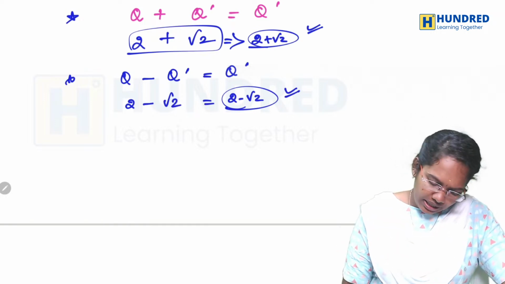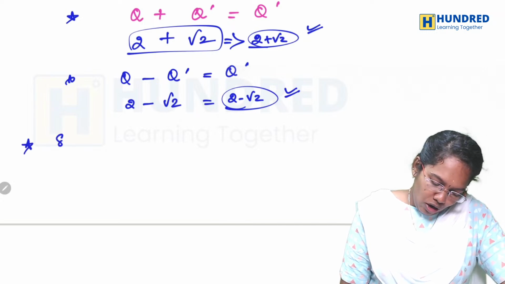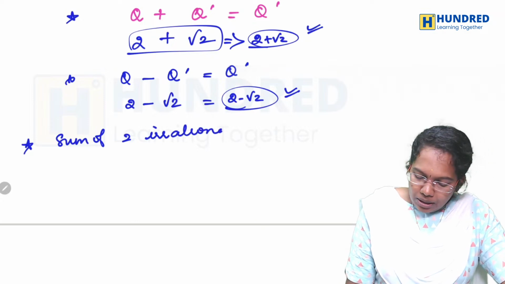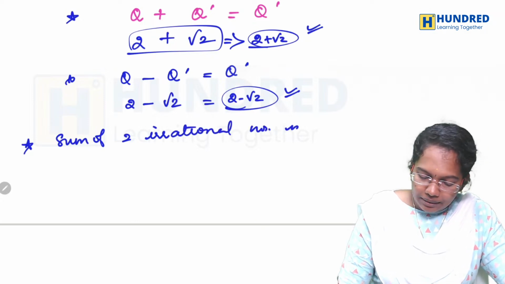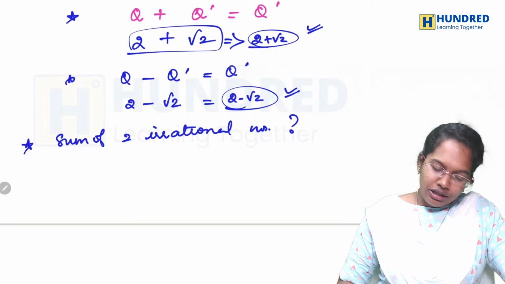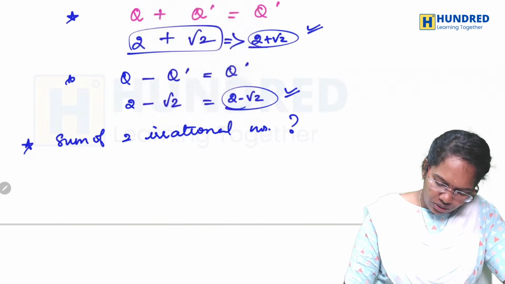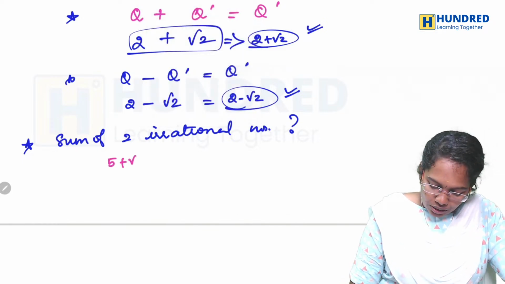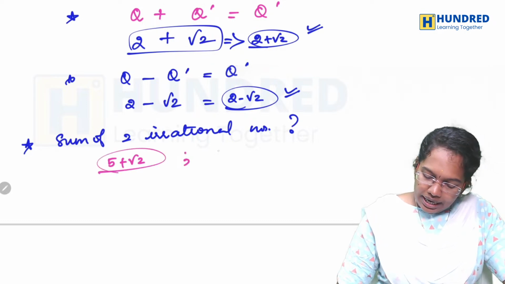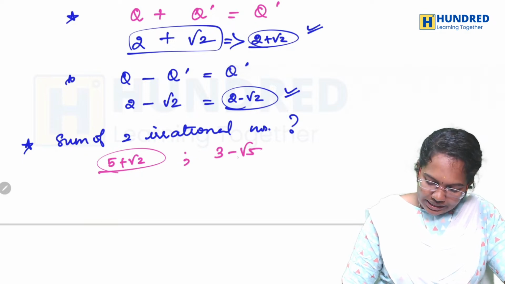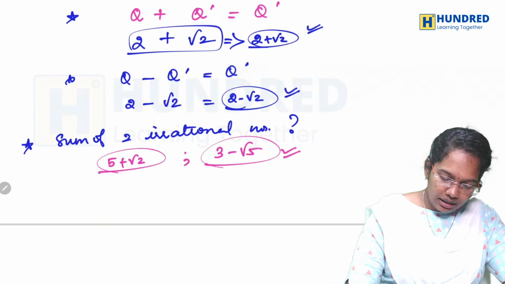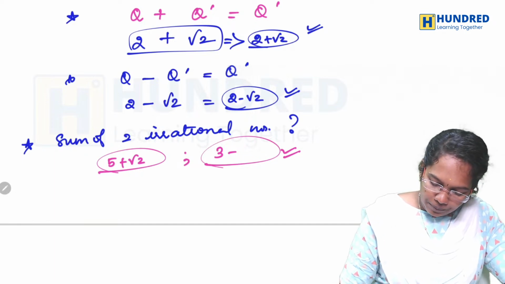Now let's check whether the sum of two irrational numbers is an irrational number. For this, let's assume two numbers. One irrational number is 5 plus root 2, and another irrational number is 3 minus 5 root 2.